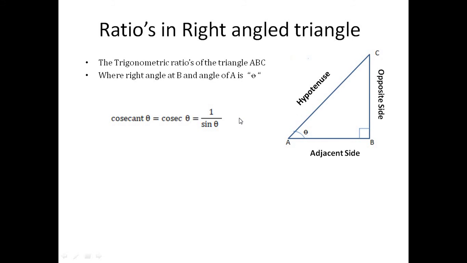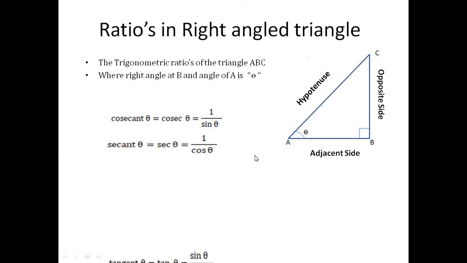Secant theta is the reverse of cos theta, that is 1 by cos theta, which is hypotenuse by adjacent side.